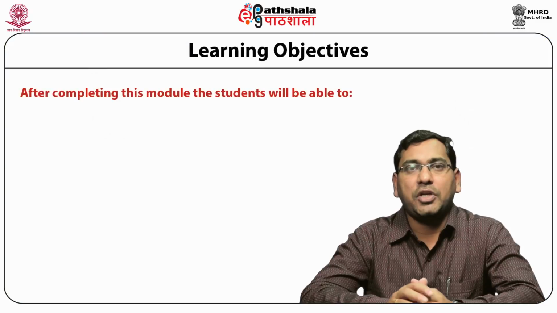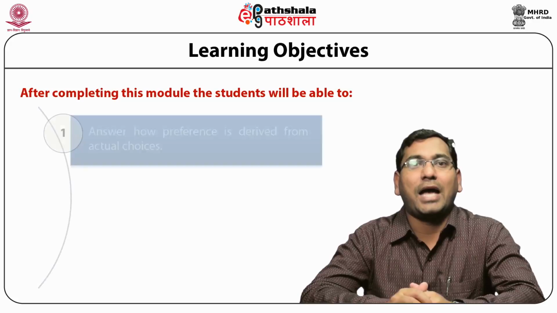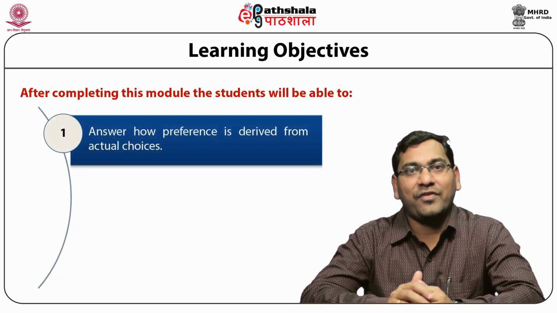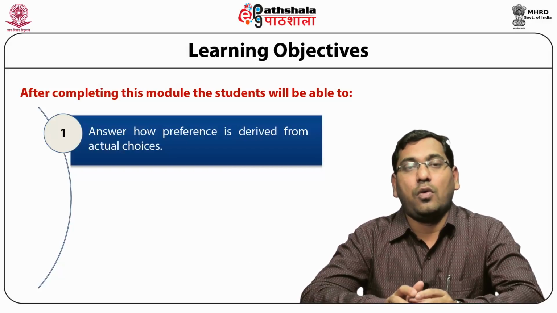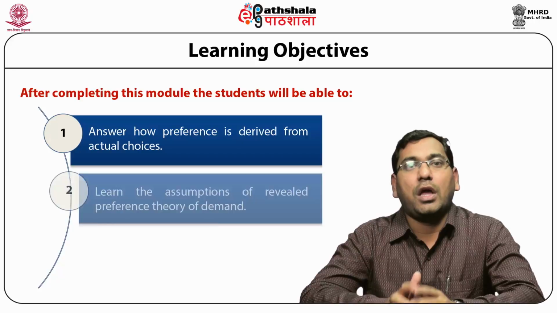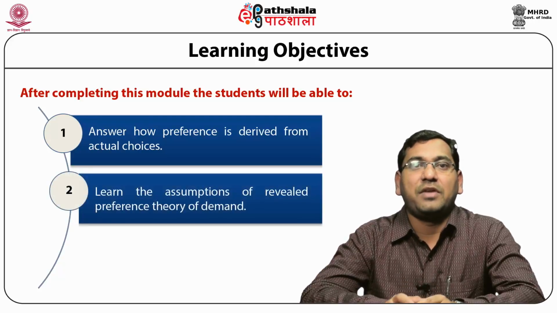Today we are going to discuss the module Revealed Preference Theory of Demand from the paper Managerial Economics. After completing this module, the students will be able to answer how preference is derived from actual choices of the consumers. Students will be able to learn the assumptions of revealed preference theory of demand.